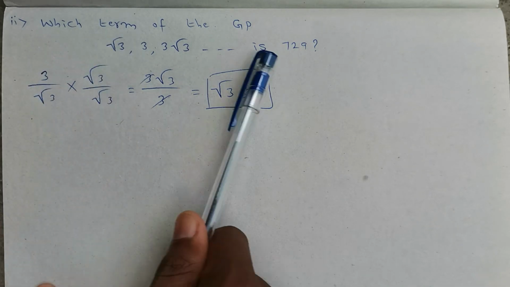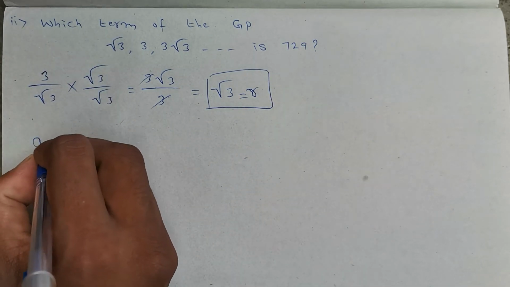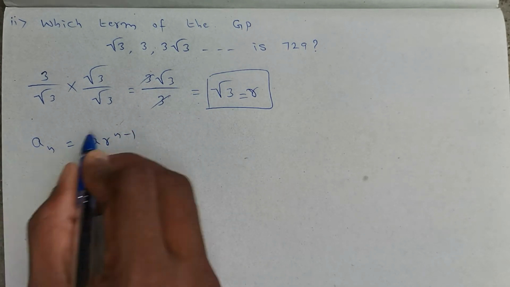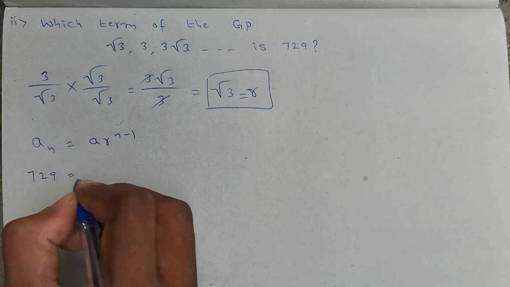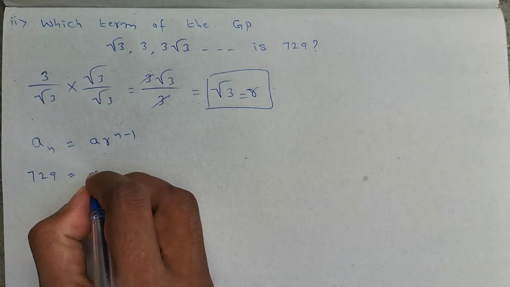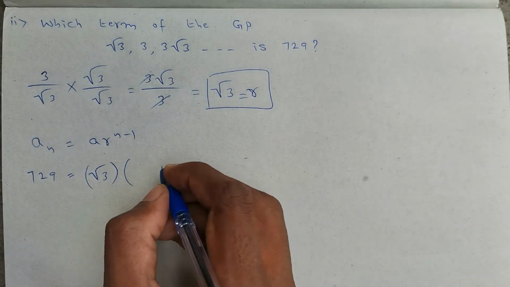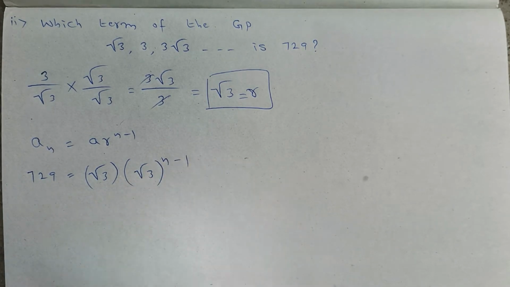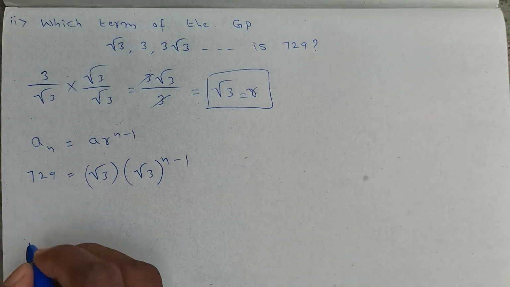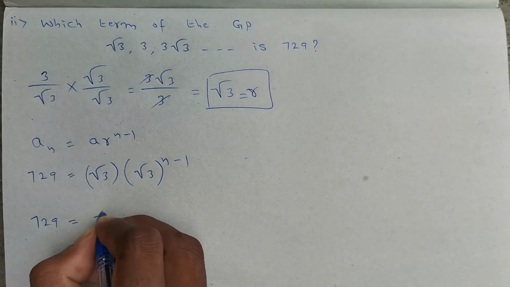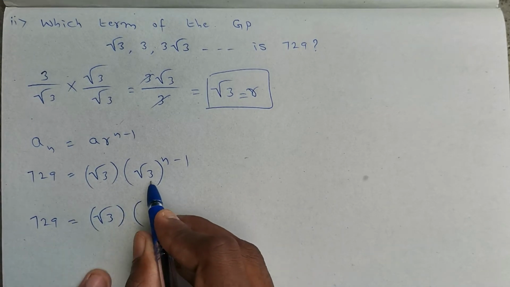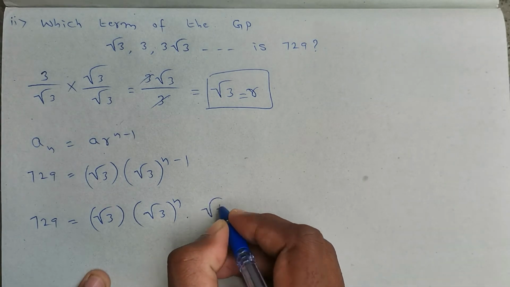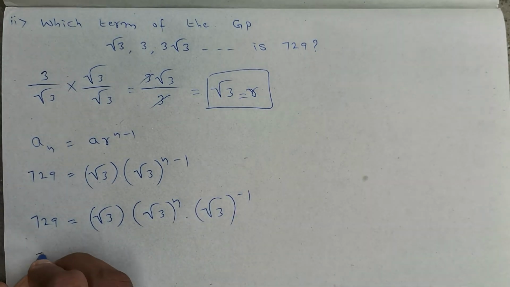Then he is asking which term is 729. So let's move to the nth term formula. An of a GP is equal to A into R power n minus 1. An is given as 729, which is equal to A, the first term, root 3, into R value, root 3, power n minus 1. 729 is equal to root 3 into root 3 power n minus 1, which can be written as root 3 power n into root 3 power minus 1.